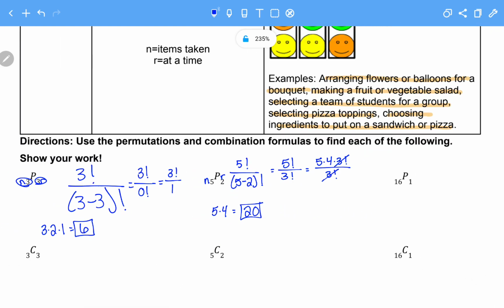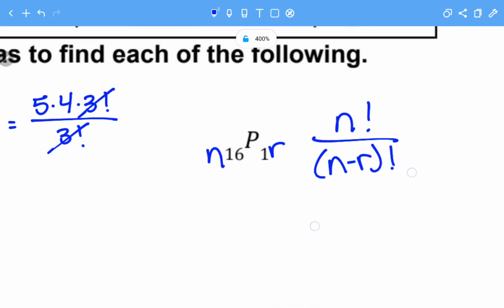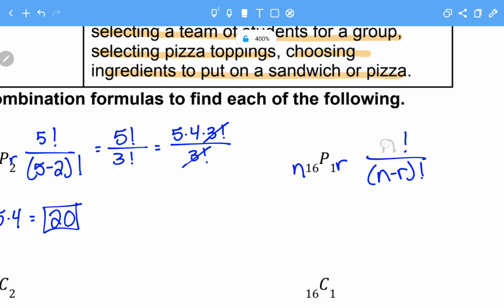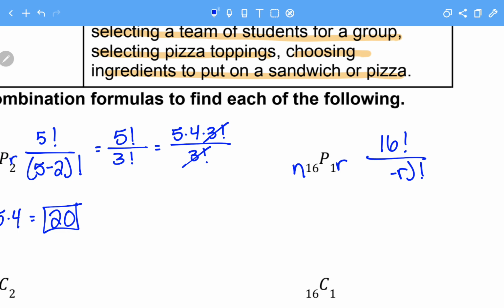Okay, let's try again with 16 as our n and 1 as our r. Okay. So n factorial over n minus r factorial. Take out the n and put 16 on the bottom. N is 16, r is 1.